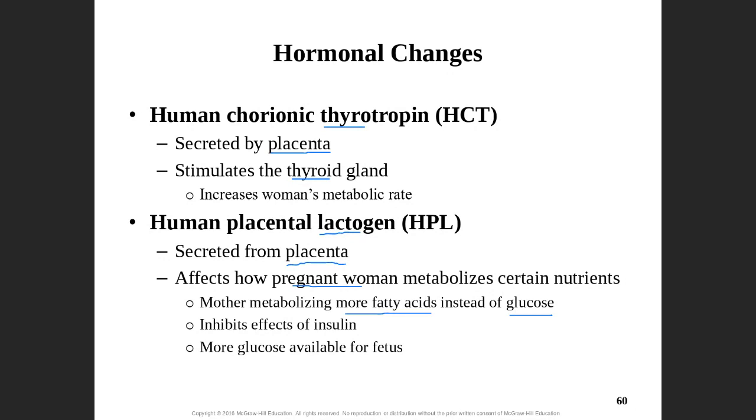Fatty acids are great. We get a lot of energy from fatty acids, long chain fatty acids, and that process of beta oxidation is a wonderful thing. But mom is going to primarily transition more into the fatty acids, so we're going to save our glucose for baby.